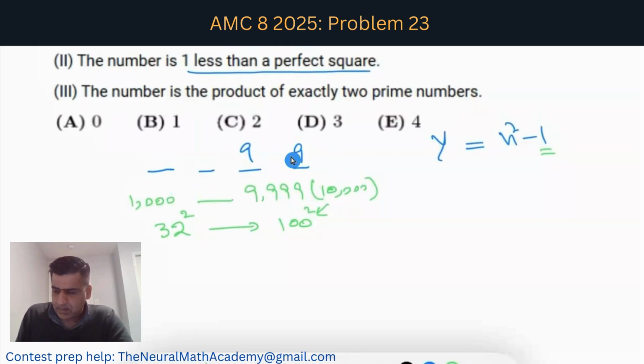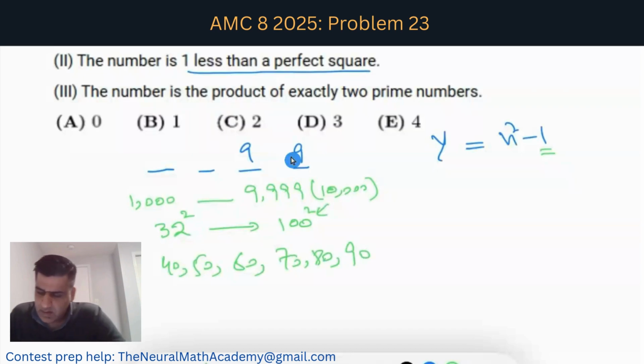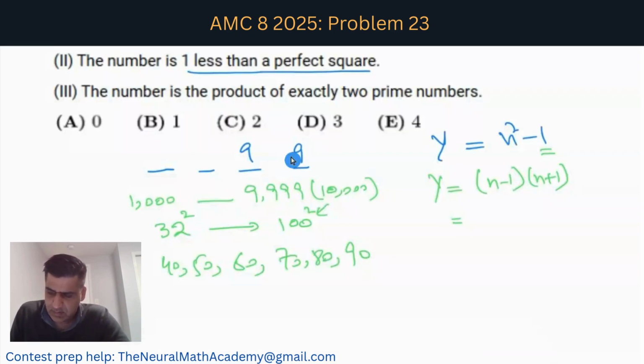So since these are perfect squares, then the numbers that we are interested in are 40, 50, 60, 70, 80, and 90. And now by applying the difference of squares formula, we can just write it in this form, and then plug each of these numbers and see which one is a prime number.